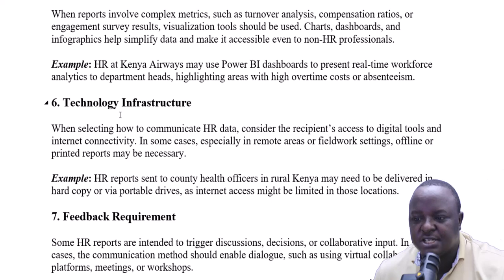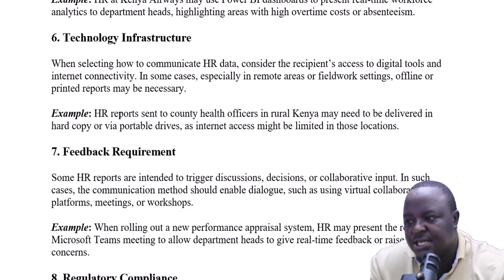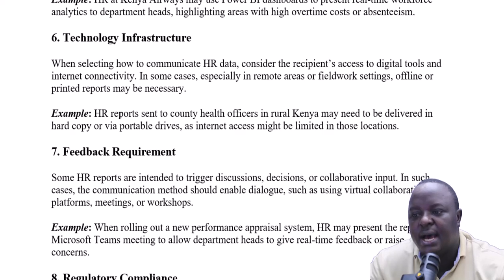The sixth factor is the technology infrastructure. When selecting how to communicate HR data, consider the recipient's access to digital tools and internet connectivity. In some cases, especially in remote areas or field settings, offline and printed reports may be necessary.